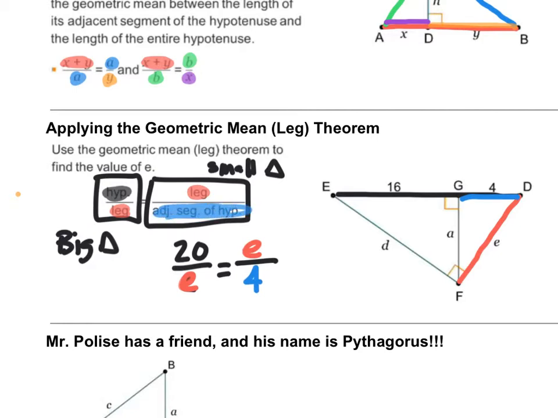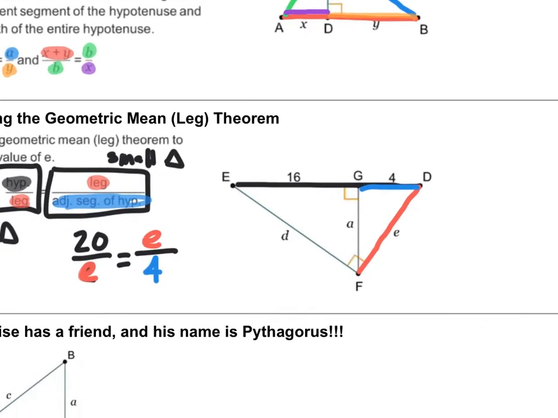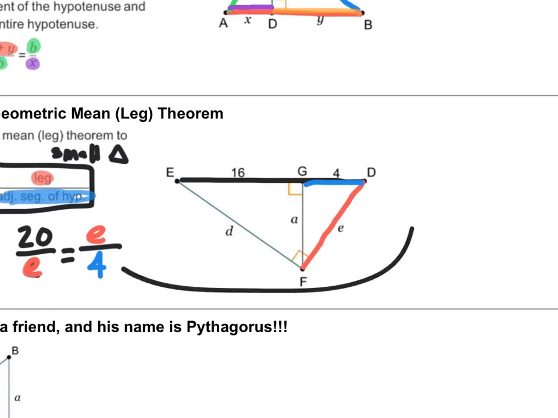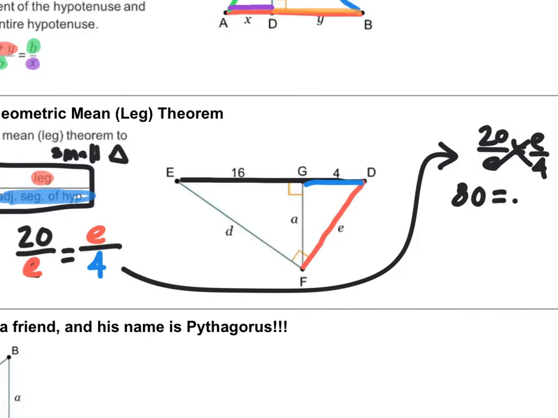Now if we go through this and solve for E, let me do this over here so we've got some room. I've got 20 over E is equal to E over 4. Cross multiply, and I get 80 is equal to E squared. Take the square root of both sides, and E is equal to the square root of 80.